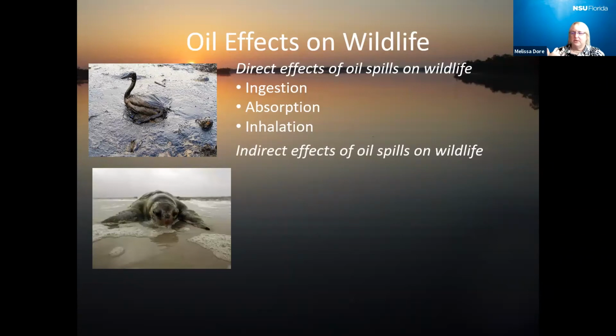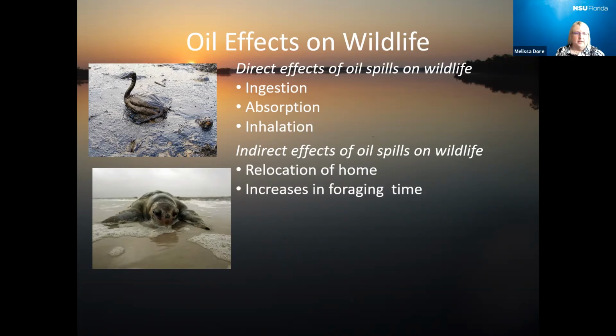And then we also have the indirect effects of oil spills on the wildlife. We have to move them. We have to relocate their home, where they are. They can't be dealing with it at this point. It increases their foraging time. If they're trying to find something and their food has moved because the oil has been there, that can create a longer period of time and farther issues for them to be able to eat.